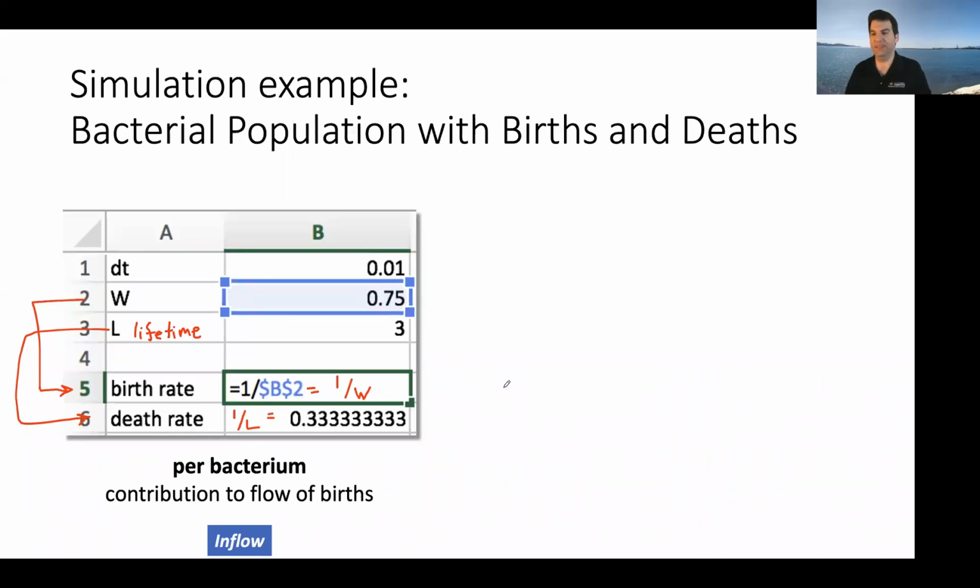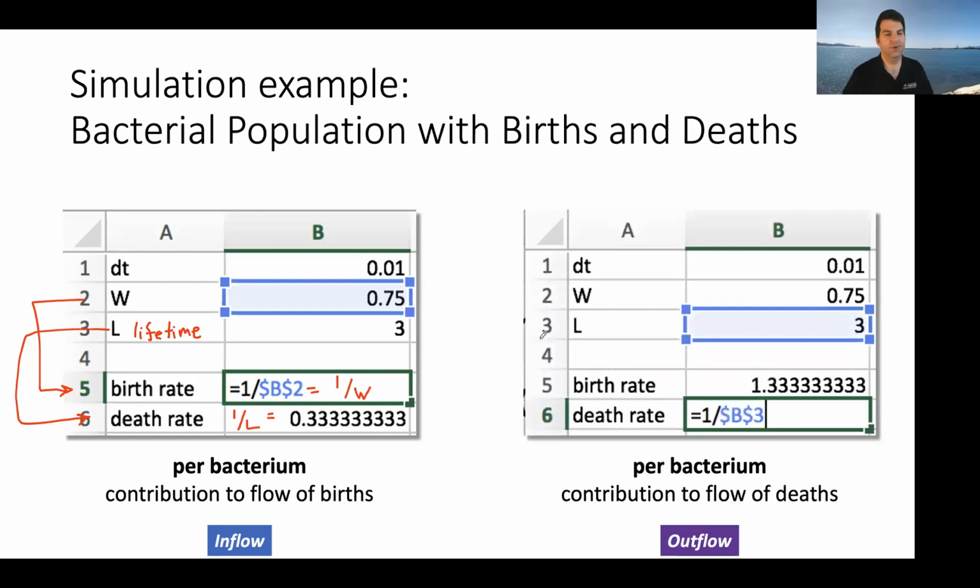And I'll show you the formula for that in the next half of this slide here. Maybe I'll just animate that. So all I've done here is take this lifetime and turn it into a death rate. That shows you that if I give you demographic stats on populations, you can convert lengths of time into rates. And that's going to be really important because when we simulate dynamics, we need to be thinking in terms of rates.